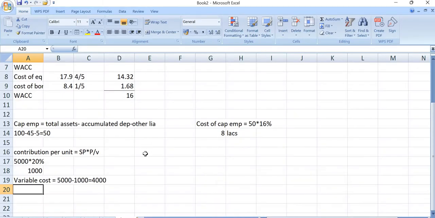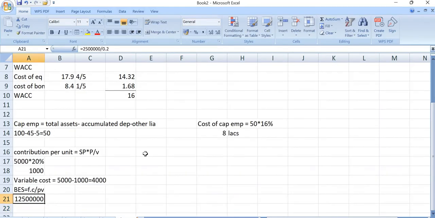So let's calculate break even sales, that is fixed cost divided by PV ratio. So fixed cost is 25 lakhs, right? Divided by my PV ratio is 0.2. So this much, 1 crore 25 lakhs will be my break even sales. Okay, fine. So we have break even sales, right? So now how to calculate sales?